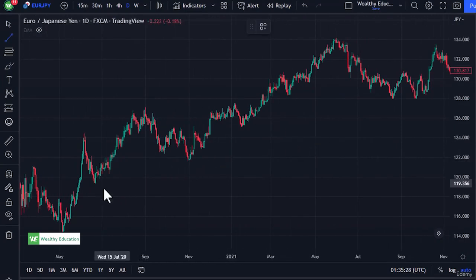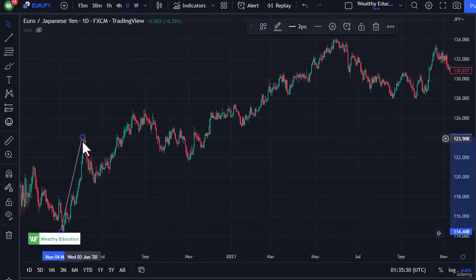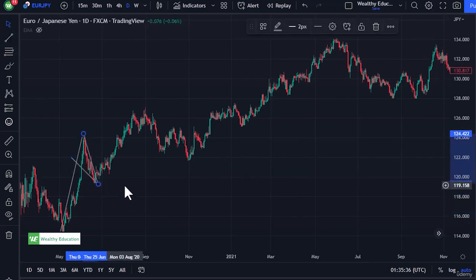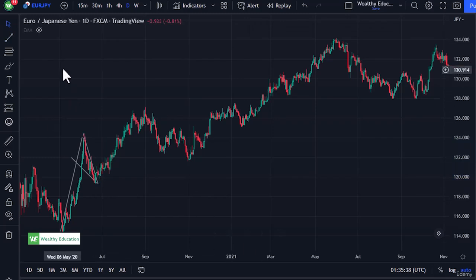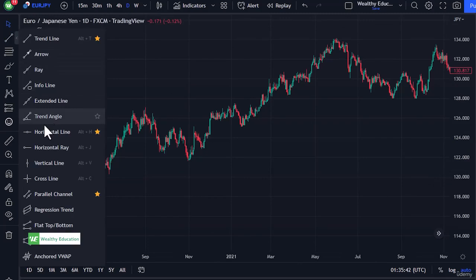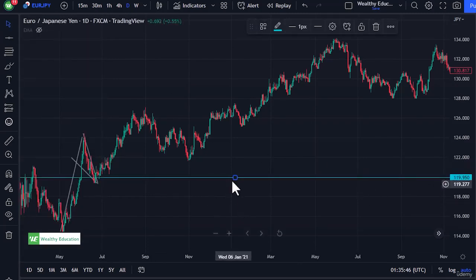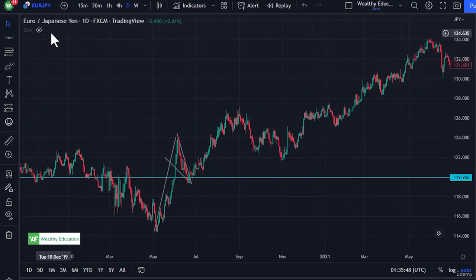We have that bullish pennant. Notice that we pulled back to the 120 level, and 120, of course, is a large round number. A lot of times these numbers attract a certain amount of attention. You can also open up the 50-day EMA and you can see that we bounced from there.